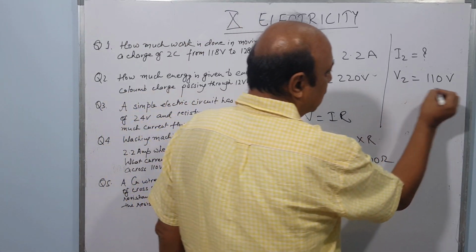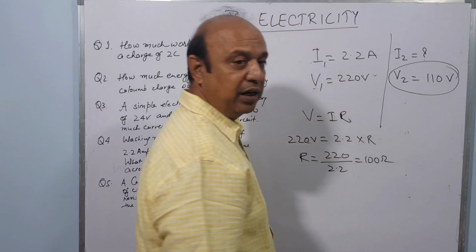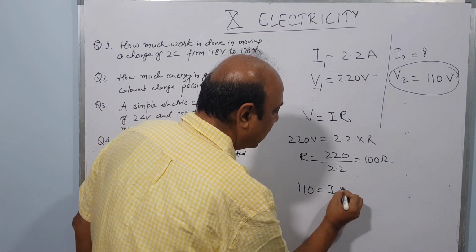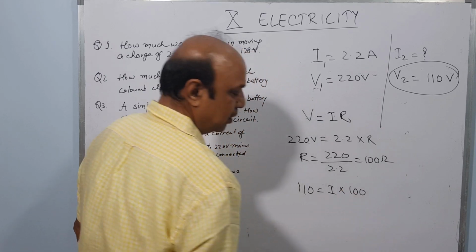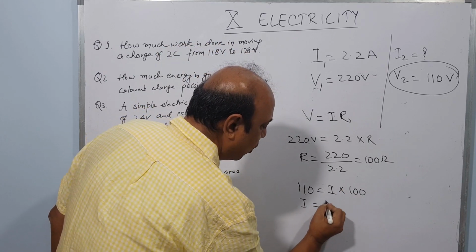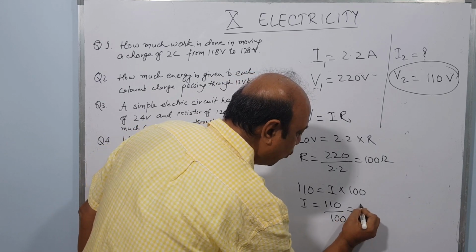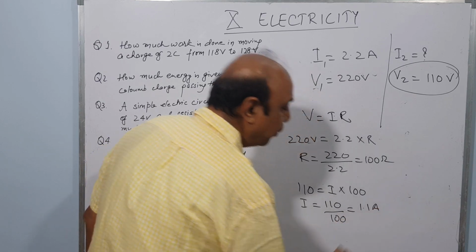So, when the voltage has been reduced to 110 volts, 110 is equal to I into 100, or I is equal to 110 upon 100, that is 1.1 ampere.